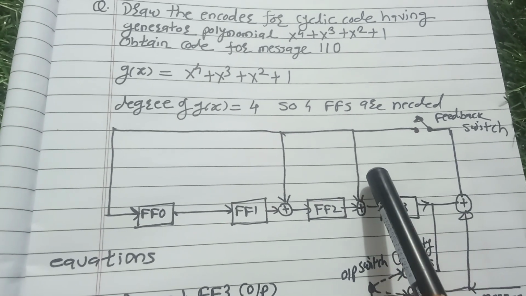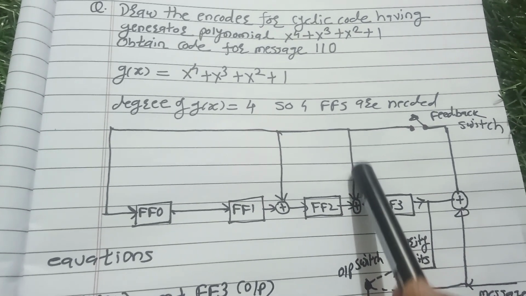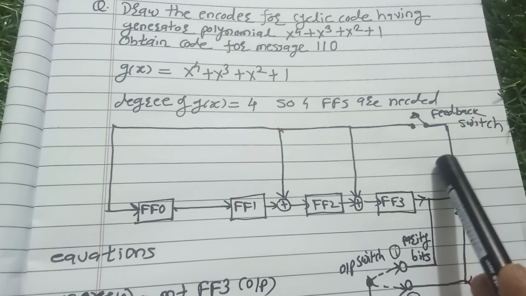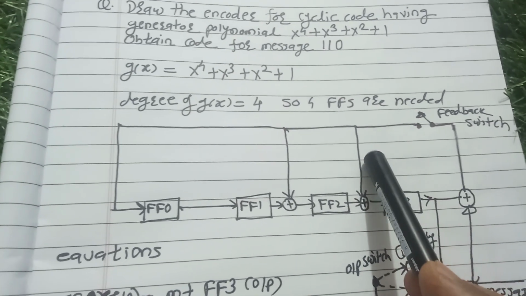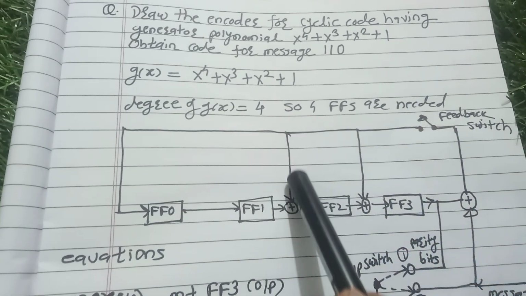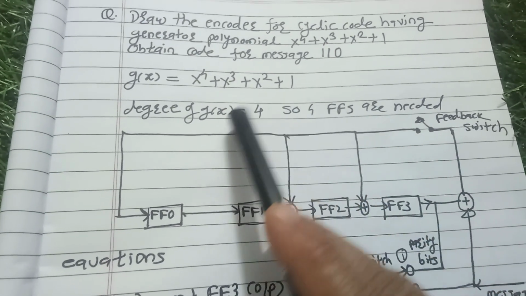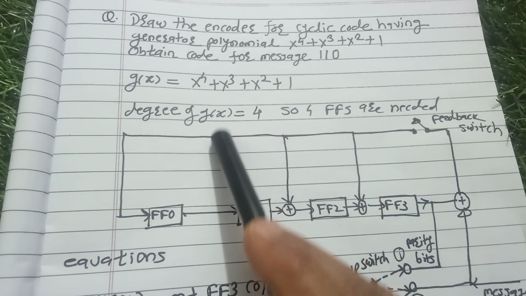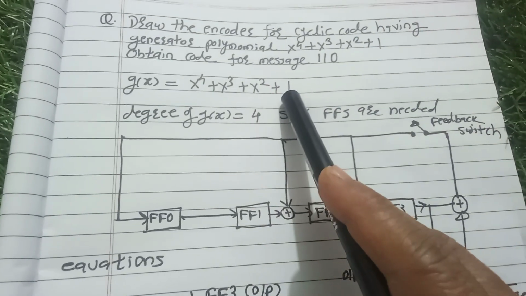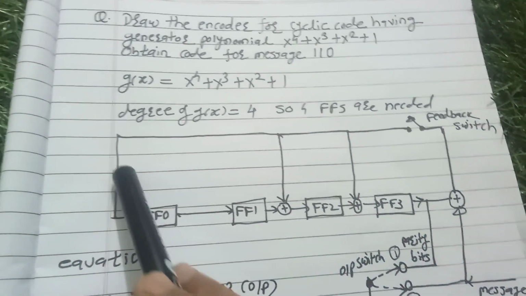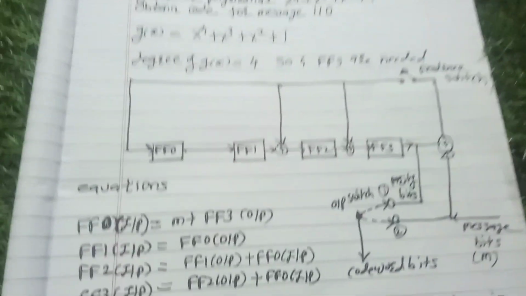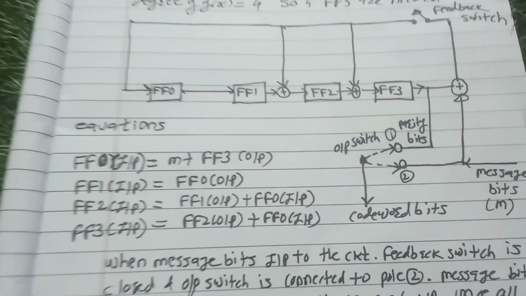Then x cube is there, so this line appears, then x square line is also there. X is not there, x coefficient is 0, so this line is not there. Then for 1, this line is there. So after that we will see the equations.